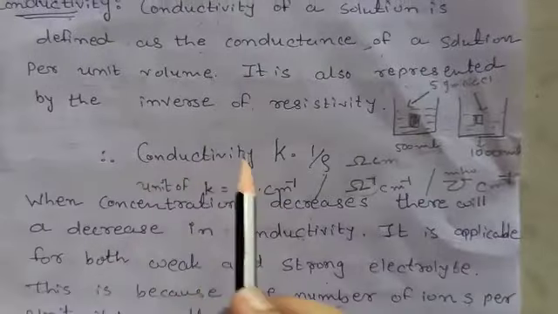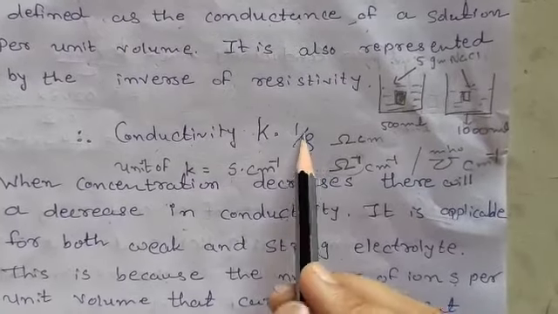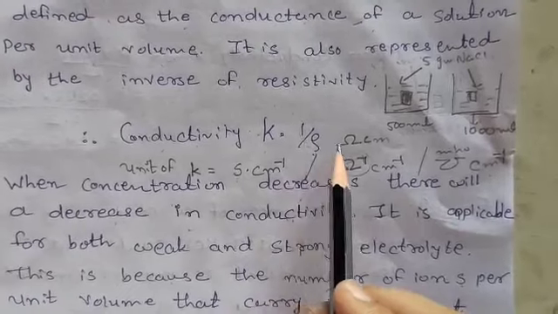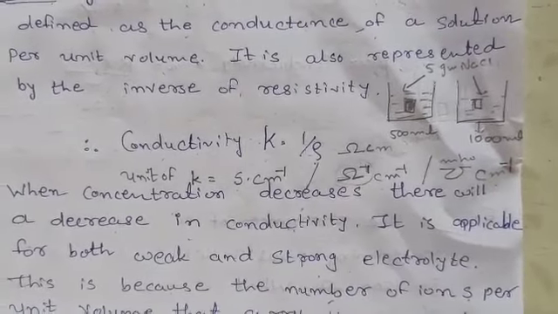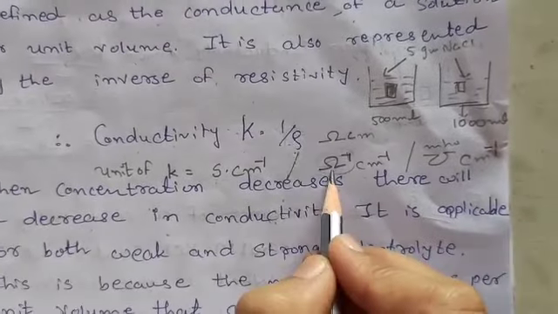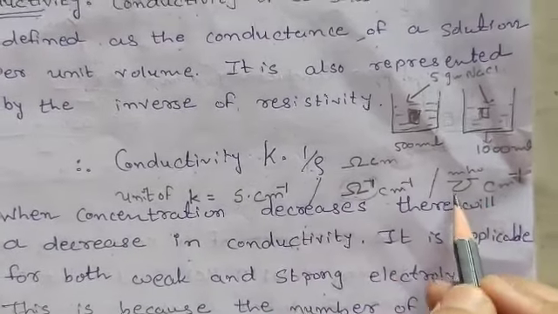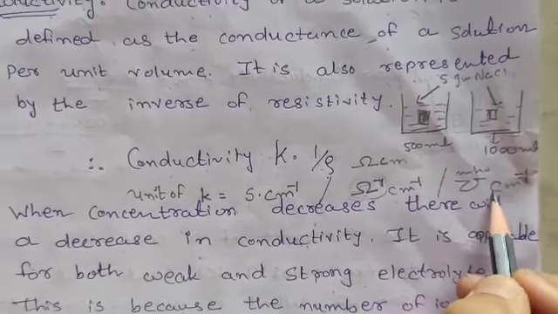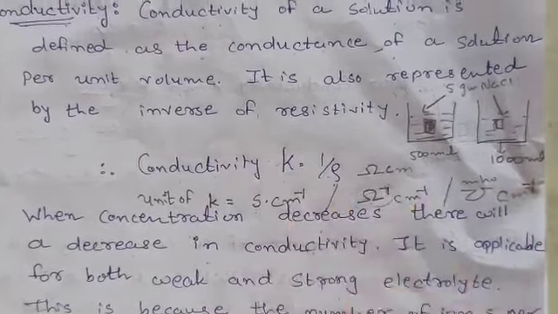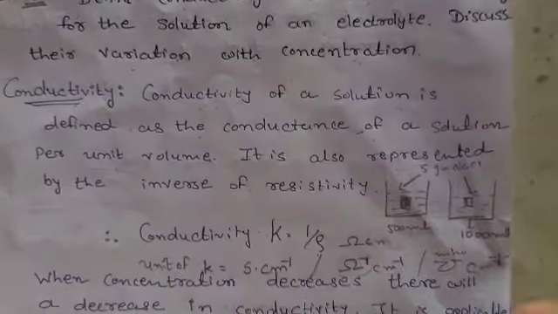So you can write conductivity is equal to 1 by resistivity. The resistivity is denoted by rho. The unit of resistivity is ohm centimeter, so the unit of conductivity will be ohm inverse centimeter inverse. Ohm inverse is known as mho, so you can write mho centimeter inverse, or also Siemens centimeter inverse.